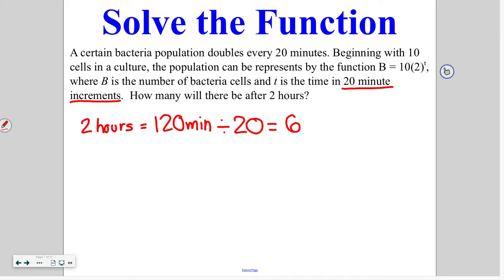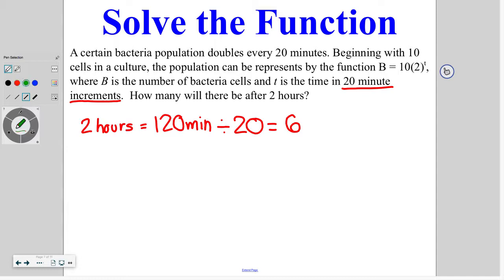Some of the other problems will give you a starting year. So for example, years since 1990, and then we'll give you 2017, and you would have to go back and calculate the difference between 1990 and 2017, which would be 27 years. So a lot of these problems with exponential functions, you have to be careful with what you are plugging in for your t value.